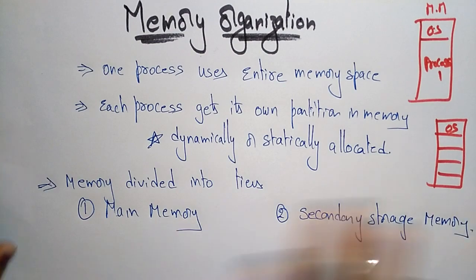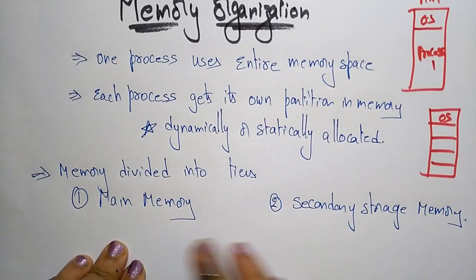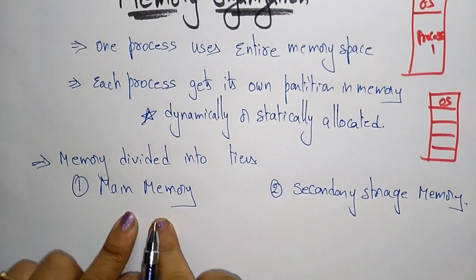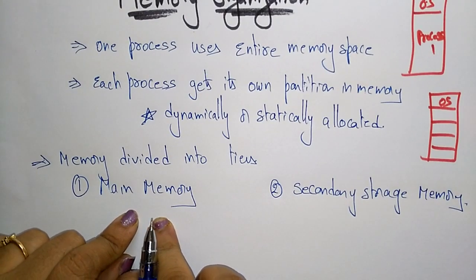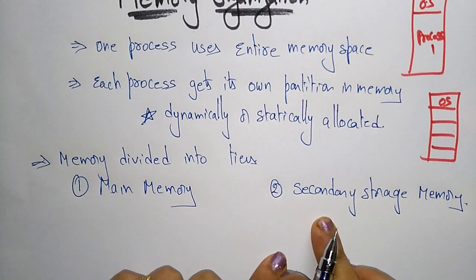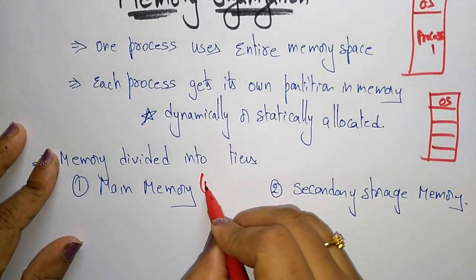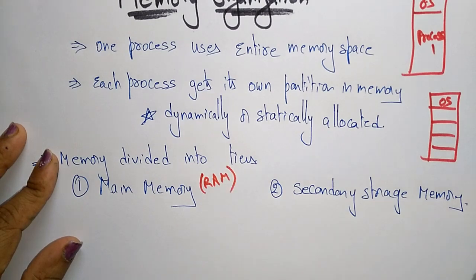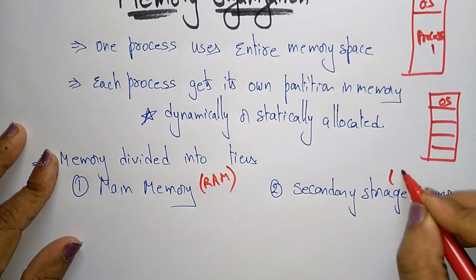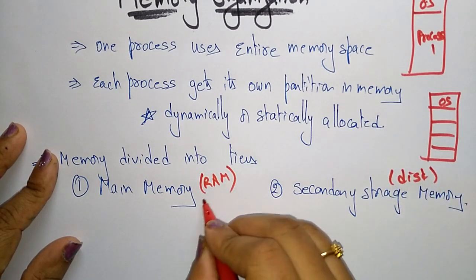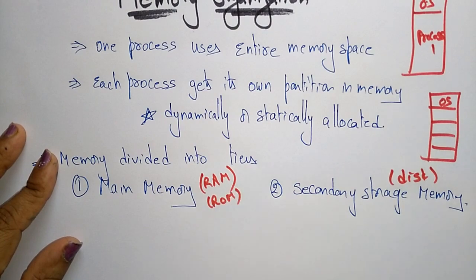So the complete memory organization is divided into two: main memory and secondary storage memory. Main memory is nothing but the RAM, random access memory, and the secondary storage memory is a disk.